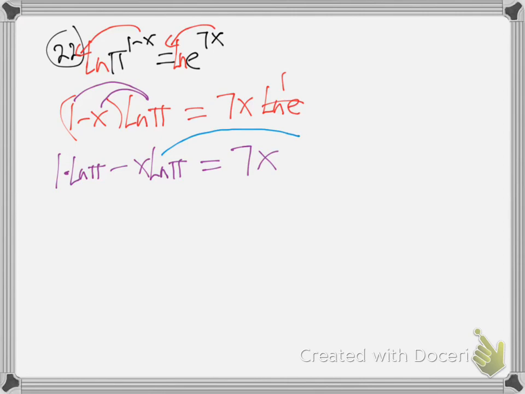So I'm going to jump this term over here like that. It'll become a positive x natural log pi on the other side. So ln pi is 7x plus x ln pi. Good to there?